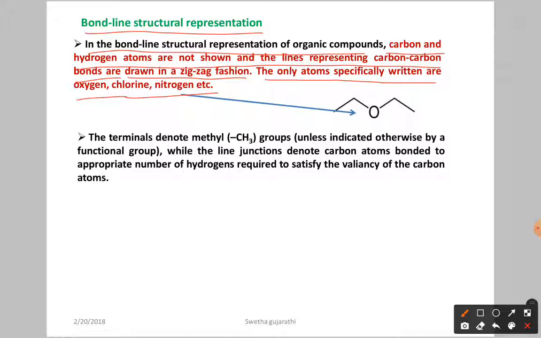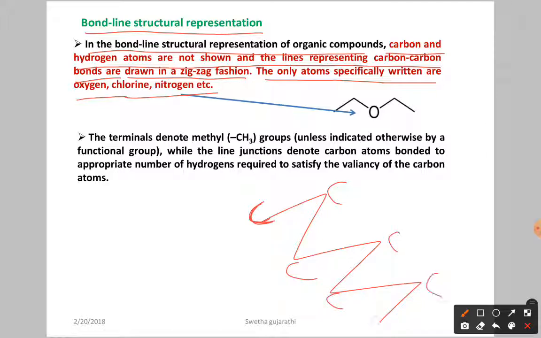What is the meaning of this? If you write the zigzag, one up and down indicates carbon. Here we are going to start, this is one carbon, carbon, carbon, carbon, carbon, carbon. This is one covalent bond, another covalent bond, another covalent bond. In this zigzag manner you are going to write.